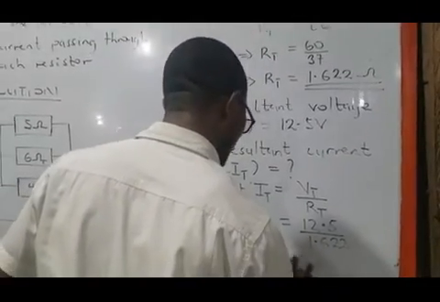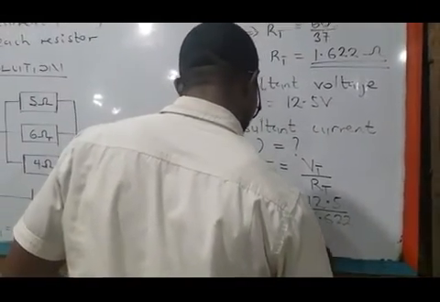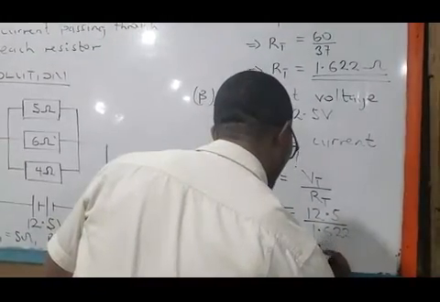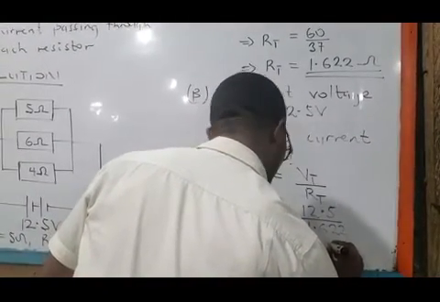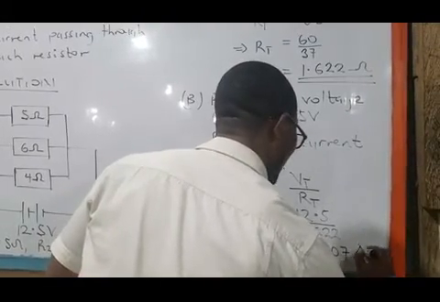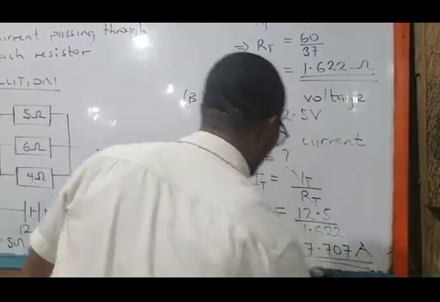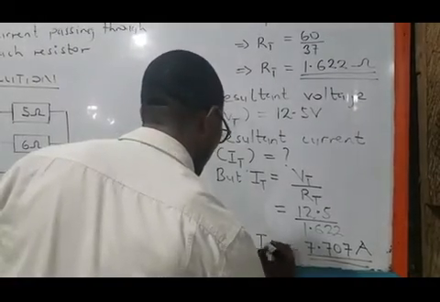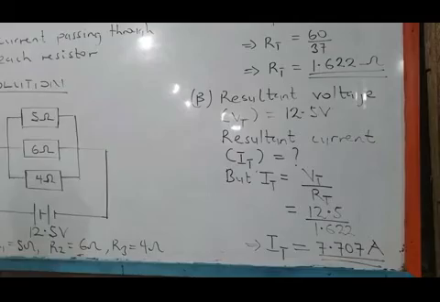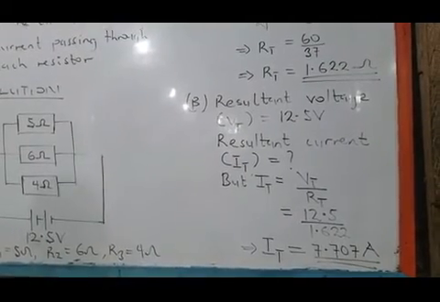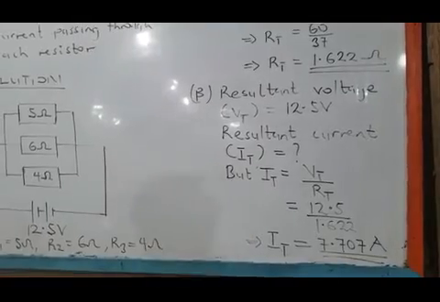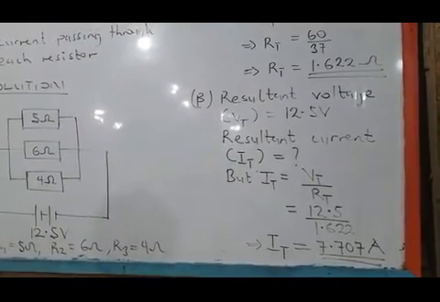And that gives you a value of 7.707 amperes. Okay, so for the series arrangement, the total current is 7.707 amperes, and then the total resistance is 1.622 ohms.